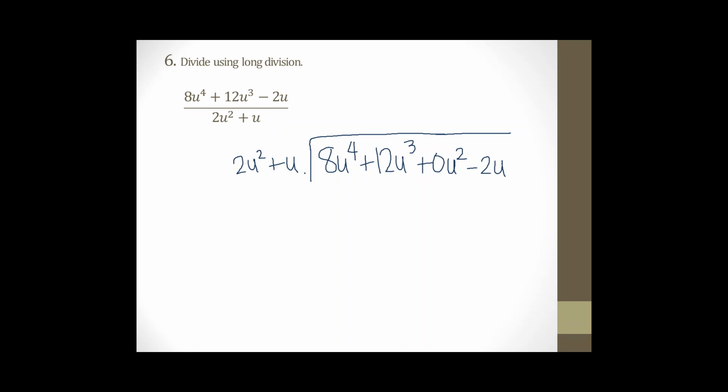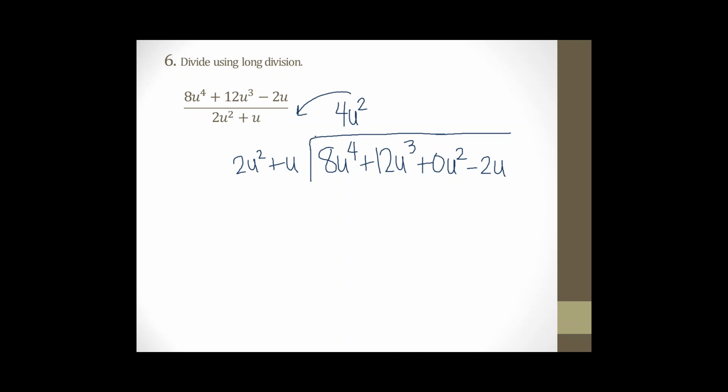So we're going to take the leading term in the dividend divided by the leading term in the divisor, or 2u squared times what gives you 8u to the 4th, sorry. So that's going to be 4u squared. So now we're going to multiply 4u squared times both terms in the divisor.